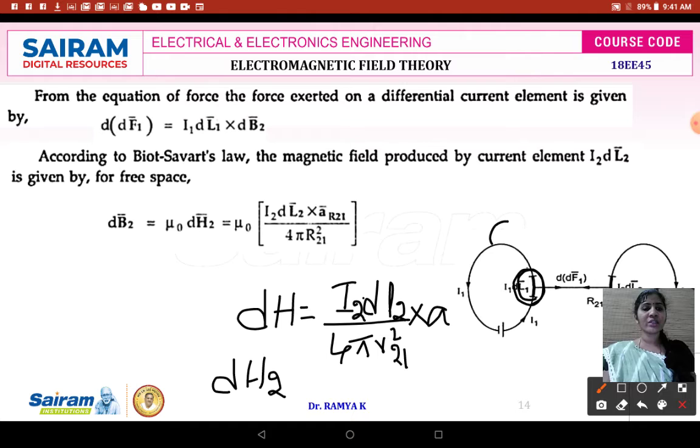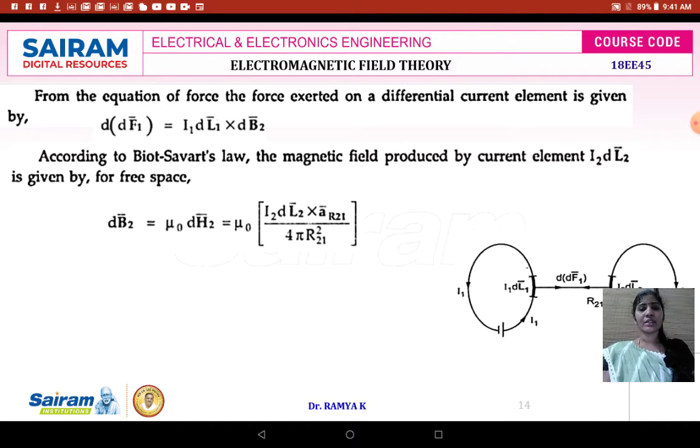So for case 1, this is going to be my effect, and current carrying conductor 2 is going to be my cause. Therefore we have to write the term mu naught, which is going to be common. dH2 is equal to I2 dL2 cross product with a R21 divided by 4 pi R21 square.